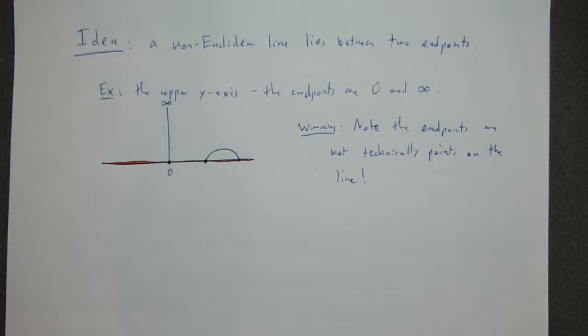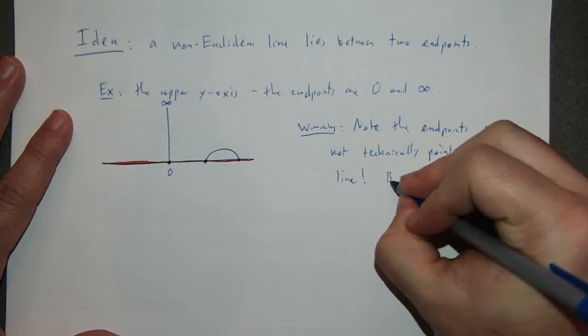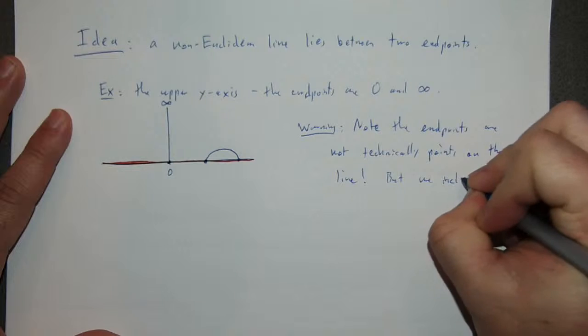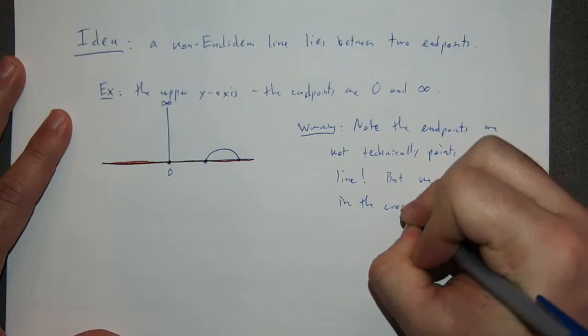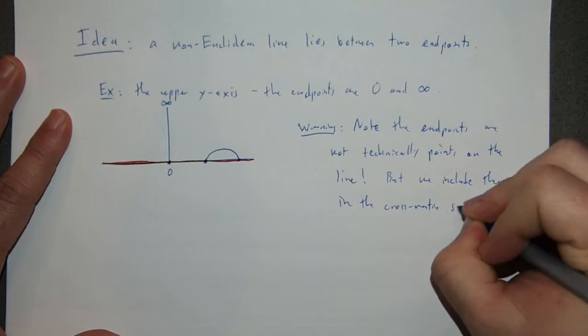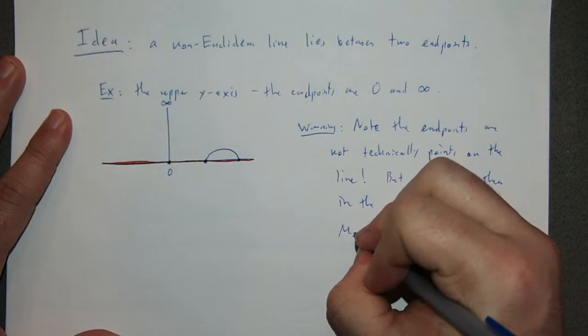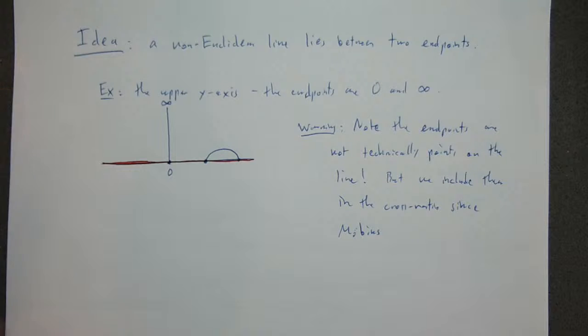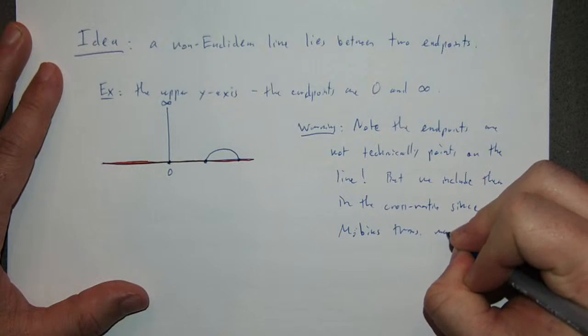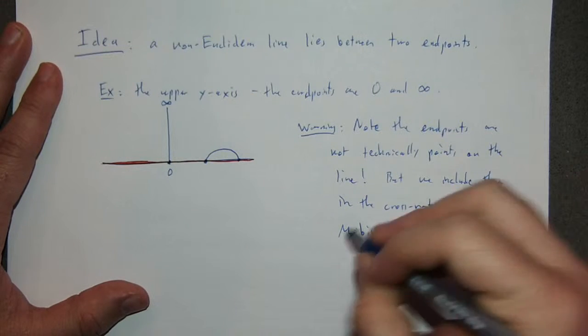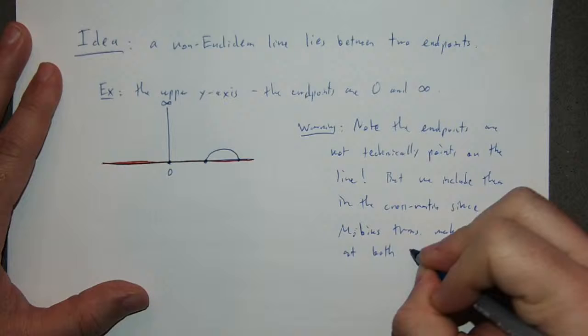But here's why we're going to include them in the cross ratio anyway. We include them in the cross ratio since Möbius transformations, and the things that they were extended from, the linear fractional transformations, make perfect sense at both 0 and infinity.